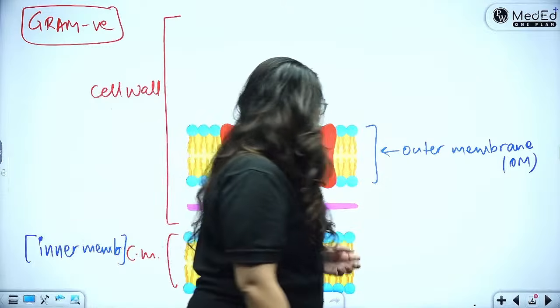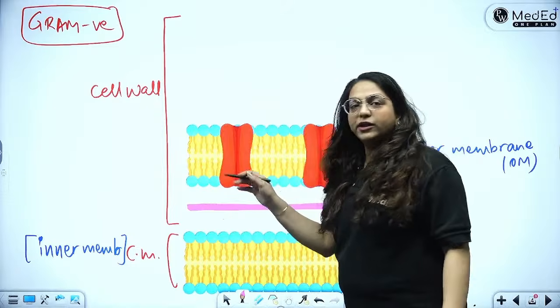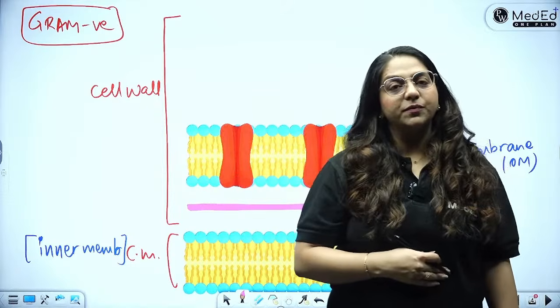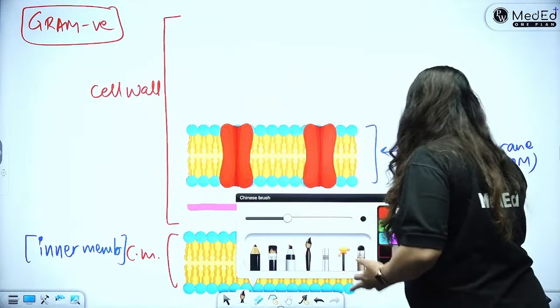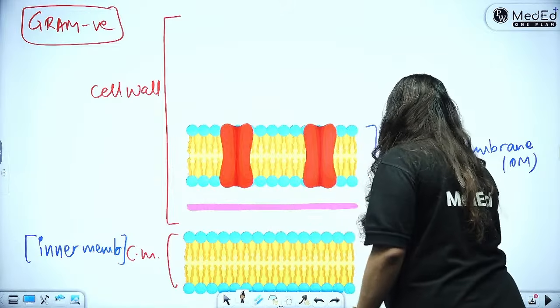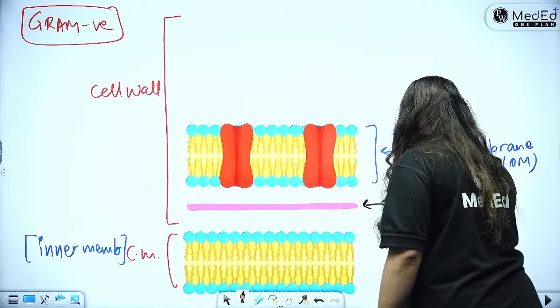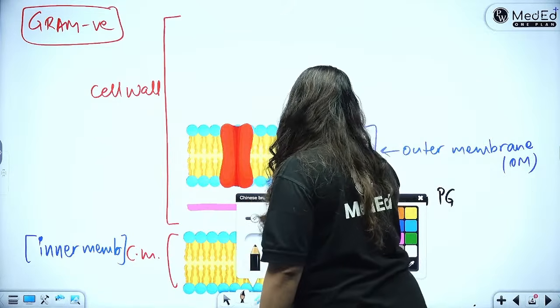So don't you think that when it has compressed, there is a lot of empty space at the top and bottom of the peptidoglycan? There's a lot of empty space. So I have rightly labeled this: this is my extremely thin peptidoglycan, and around the peptidoglycan there is lots and lots of periplasmic space.